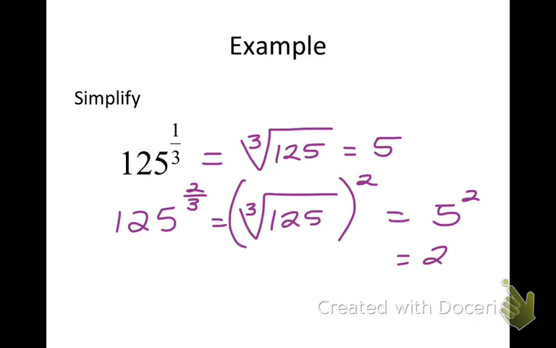So it's equal to 25. What would be, for fun, if we made it 4/3? 5 to the 4th would be what? 625, right? Okay.